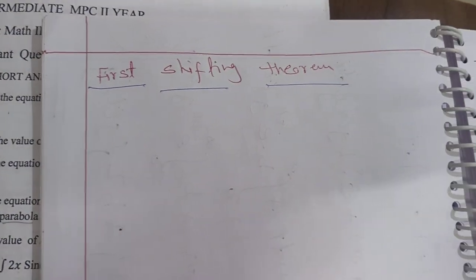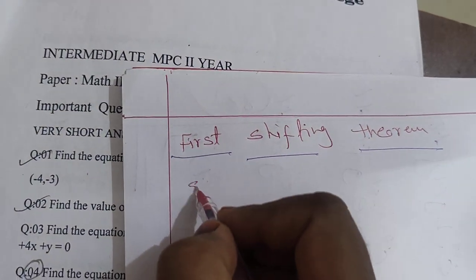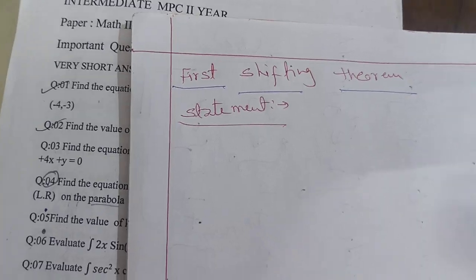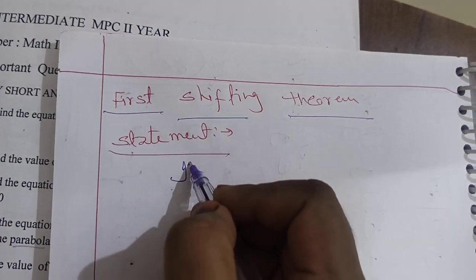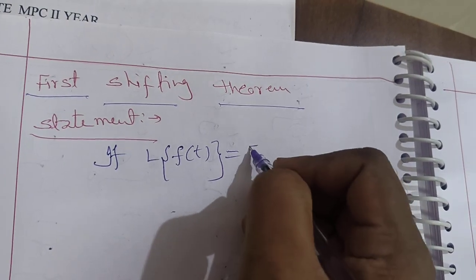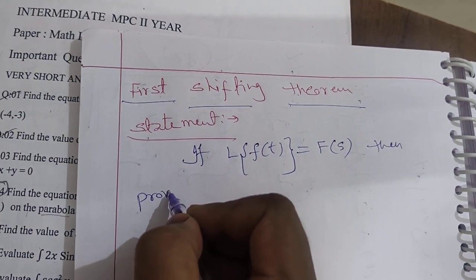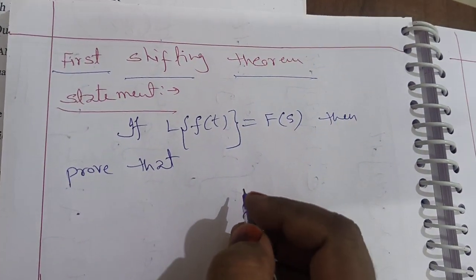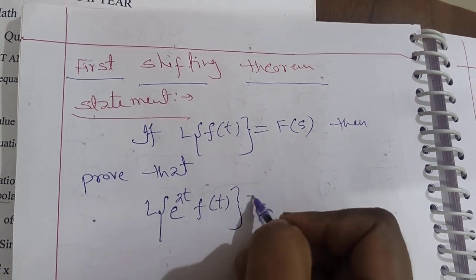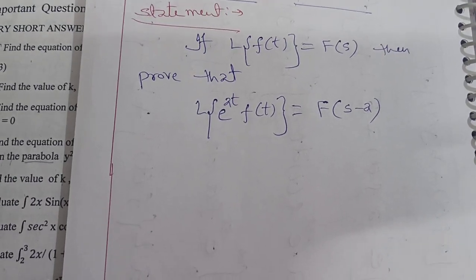The statement of this theorem is: if L of f of t, Laplace transform of f of t, is equal to capital F of s, then we have to prove that L of e power of at into f of t is equal to F of s minus a. This is the statement of the theorem.